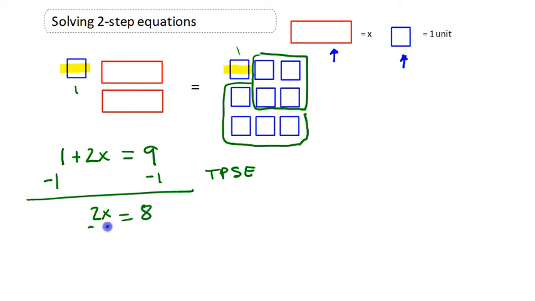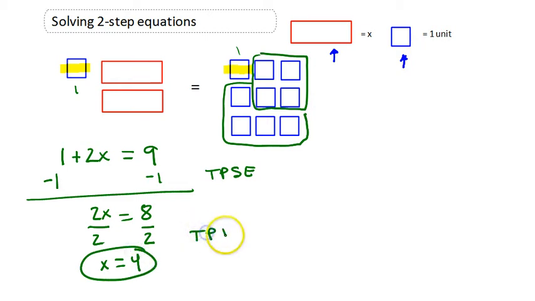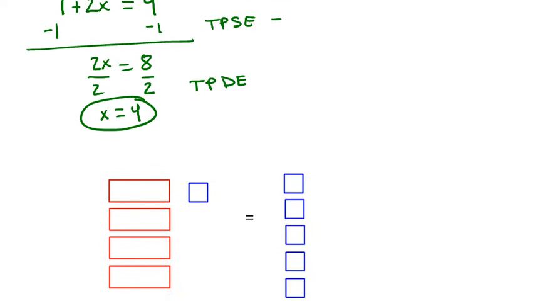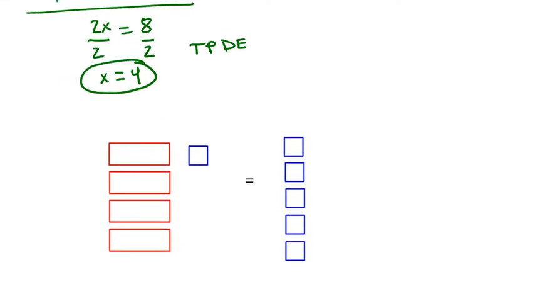Then I divided both sides by 2 into 2 groups, and I ended up with x equals 4. So notice, I used the transformation principle of division for equality and the transformation principle of subtraction for equality. Also notice that I undid things in the opposite order I would have done them using the rules for order of operations.